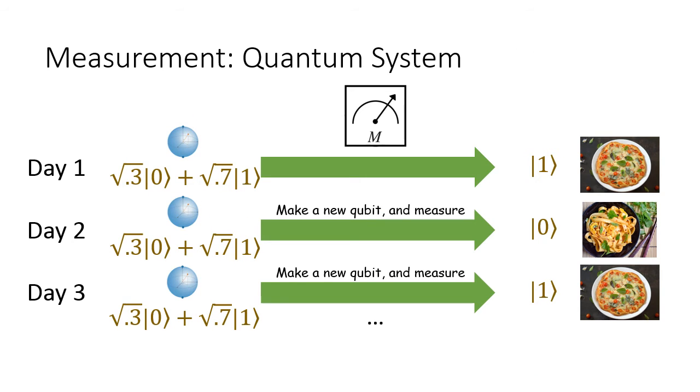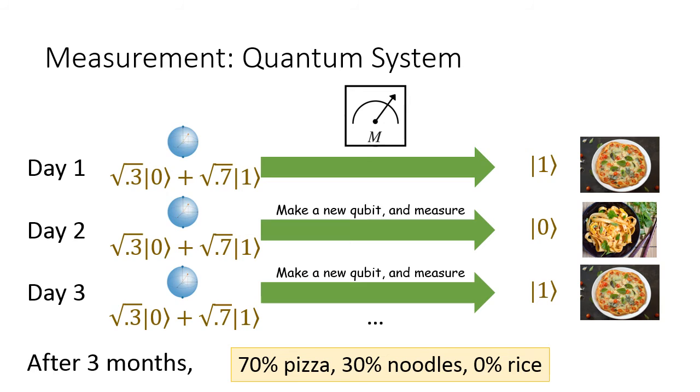So, this process is repeated for many days, and sometimes Alice observed the state 1 and sometimes Alice observed the state 0. After 3 months, Bob found that about 70% of the time he will eat pizza, and 30% of the time he will eat noodles, and he never eats rice during the 3 months.